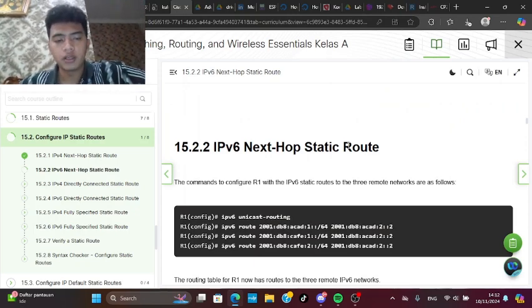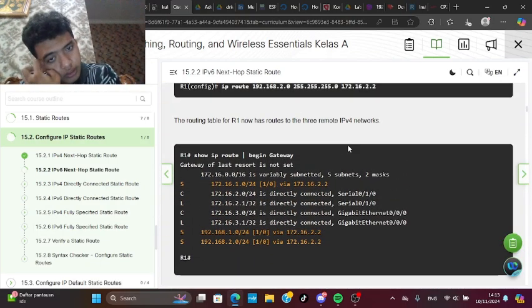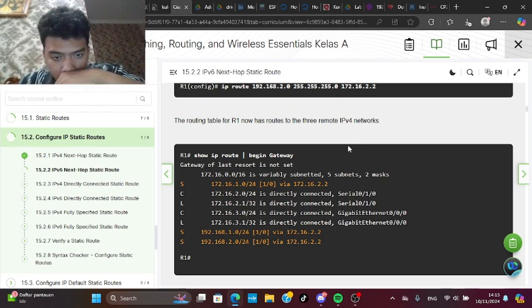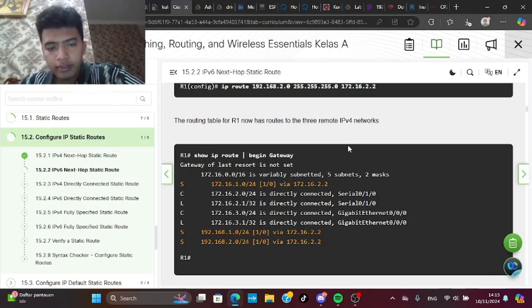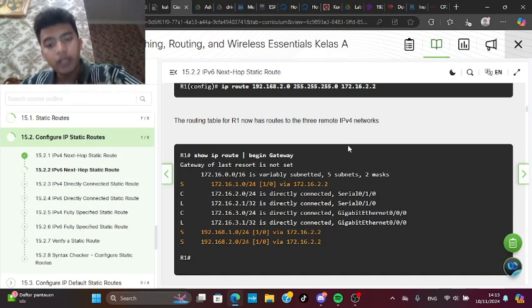Okay. So next we have IP version 6 next hop static routes. As we can see here, there is the switch, which is 172.16.1 via 172.16.2.2.